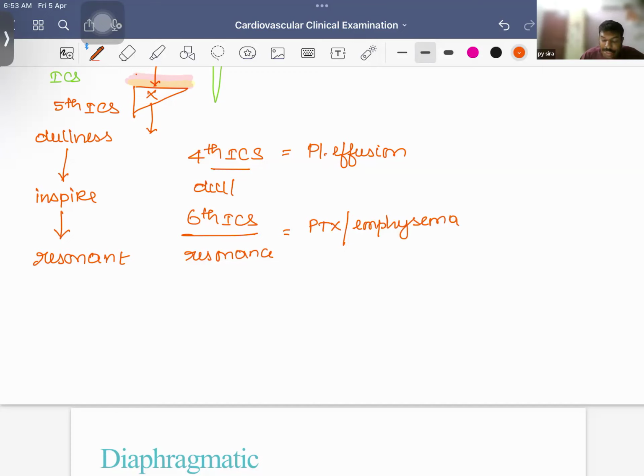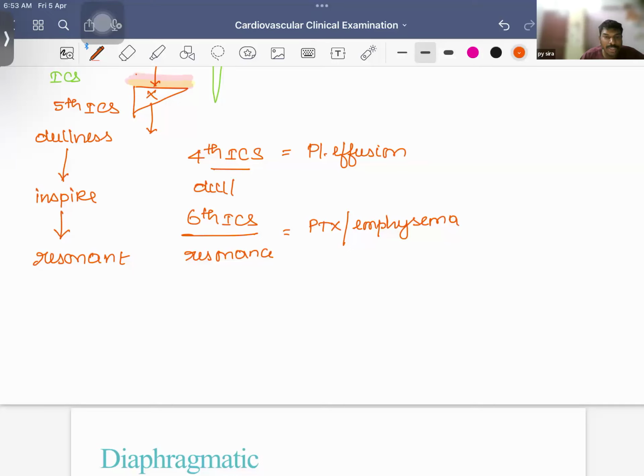This is called tidal percussion. That is also very important. Very, very important. The liver dullness is usually found at the fifth intercostal space, but if it is not so, then it indicates that there is some kind of pathology.